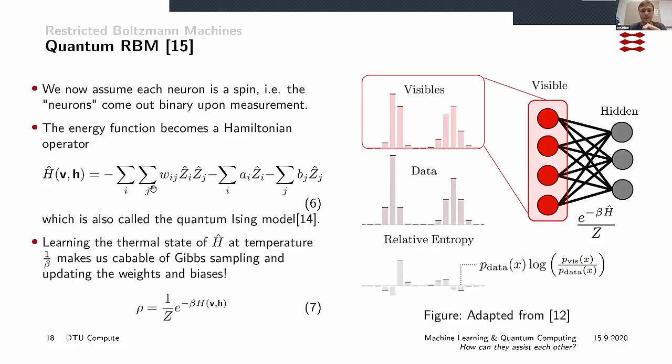And you can see that it has the exact same form. The only thing that I've changed is that I've changed these V's and H's into operators, which is like saying I now measure the ith qubit in the Z basis, and I now measure the jth qubit in the Z basis. And the way I calculate this energy when I've measured all the qubits is that I plug those values in here, and then I calculate the energy.